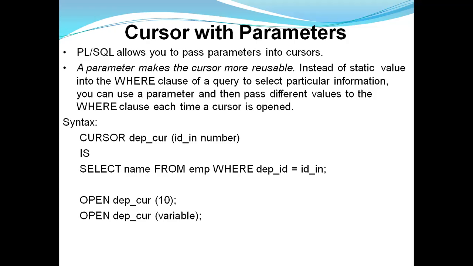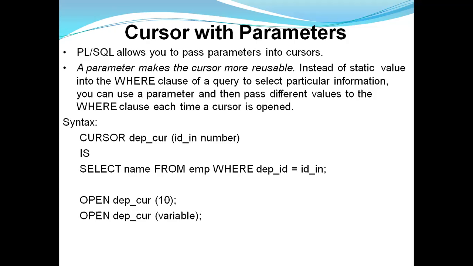So instead of using 35, I'll declare one parameter, that is age in, and the data type of that. So while opening the cursor, you can pass that value. That value will go here, and here we have used this value. So this value we provide at the time of opening the cursor.